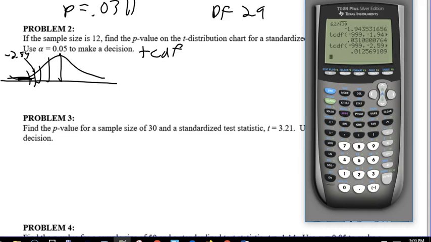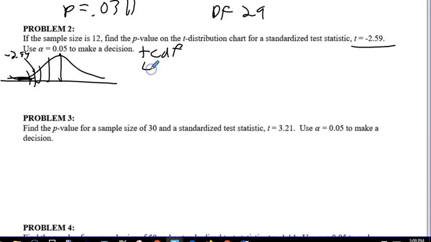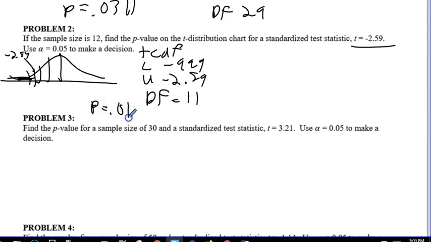Okay? So for my TCDF, my lower is negative 999 again. My upper is the negative 2.59. The degrees of freedom is 11. And I get a p-value of 0.0126. We always take p-values out to 4 digits. Round properly.